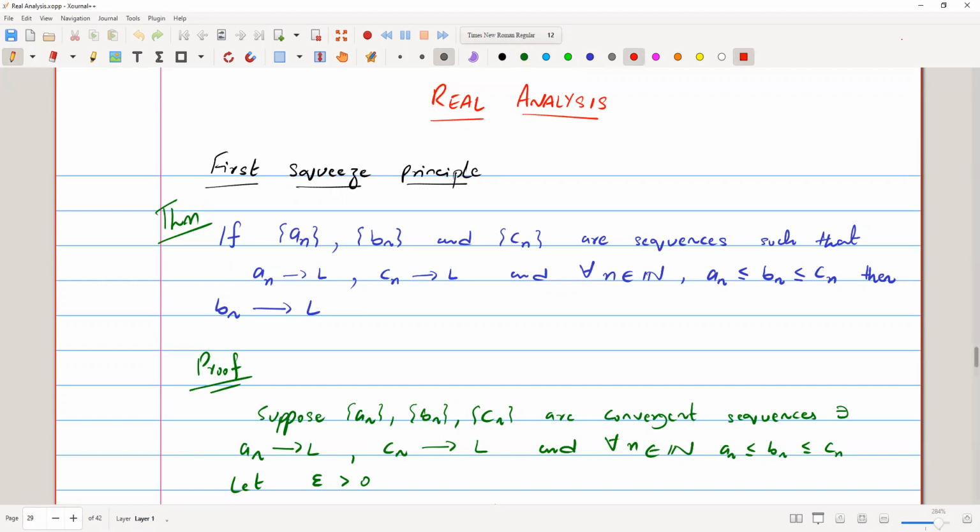Now there are some more principles by which we can show that a sequence is convergent.